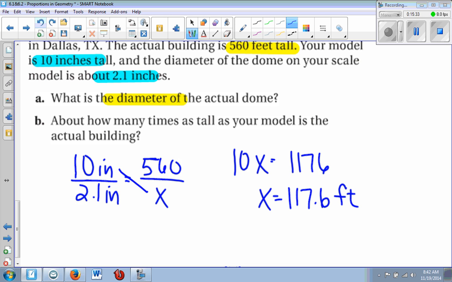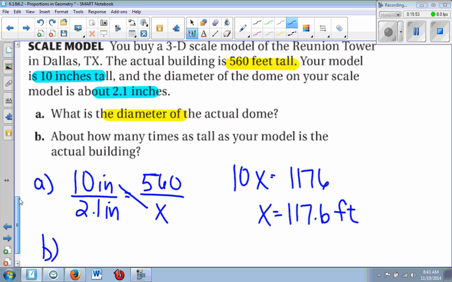The last thing is it says, part B, how many times as tall as your model is the actual building? Now here's the deal with doing this. In order to do part B, we actually have to take the two heights and we have to put them into the same unit. So what I'm going to do is change them both into inches.